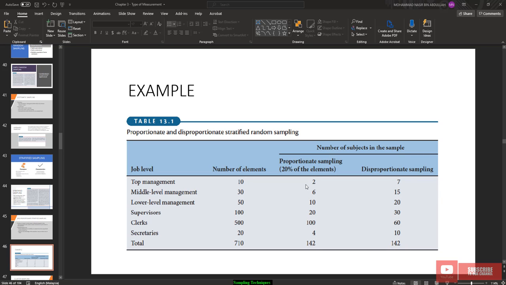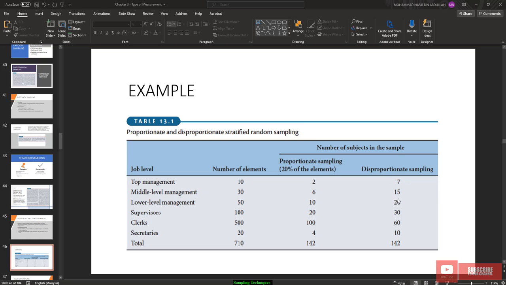But for proportionate, we are taking the sample from each group, 20% from the population. But for disproportionate, we are not taking the same percentage, right? Let's say from top management, we take 7 out of 10.